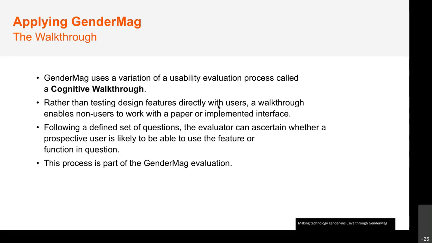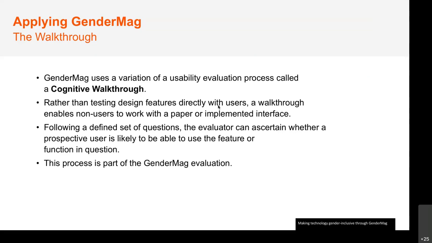And a cognitive walkthrough works by asking a very defined set of questions at particular points during the walkthrough. That then helps the evaluator to figure out whether a user would be able to use the function, or whether there's a problem with using the function in question.